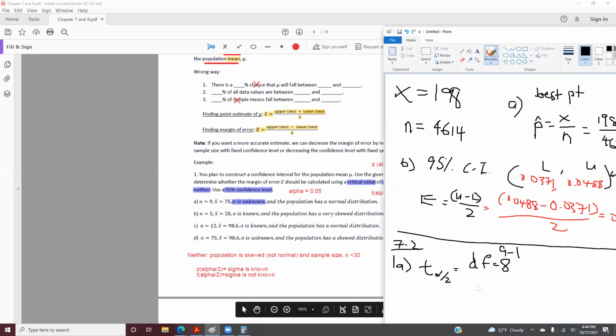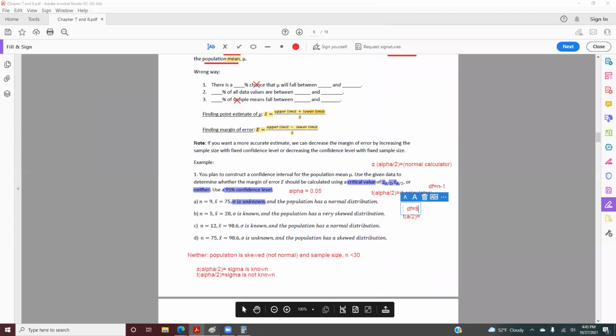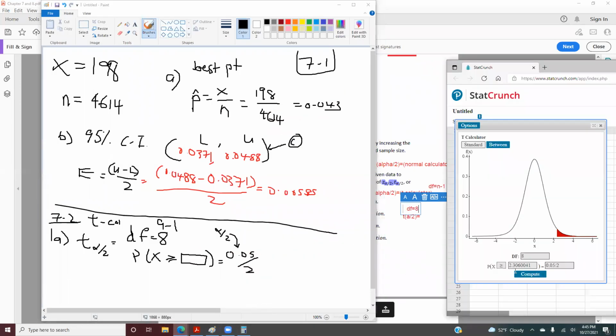And then you put P(X, this is the T calculator in your StatCrunch, greater than or equal to blank, and this is 0.05 over 2. This is the same thing as alpha divided by 2. So your answer in this case is 2.306. So this is my answer, 2.306.